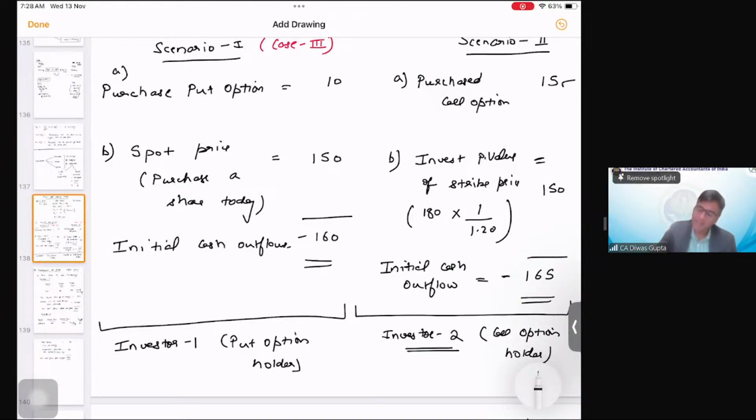One is purchasing the call option, and second is investing 150 rupees for 1 year at the rate of 20%, right? So once this 150 rupees gets matured, 150 into 1.2 will get 180 rupees on maturity. Clear?